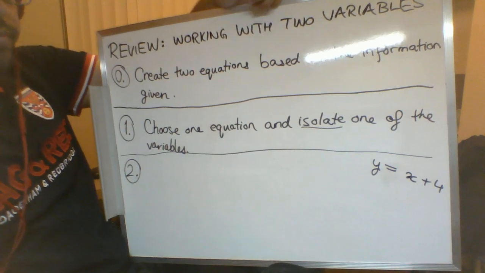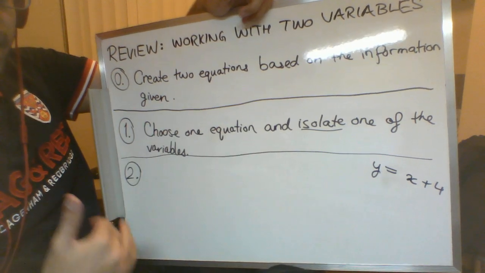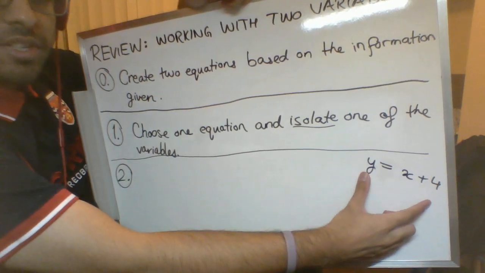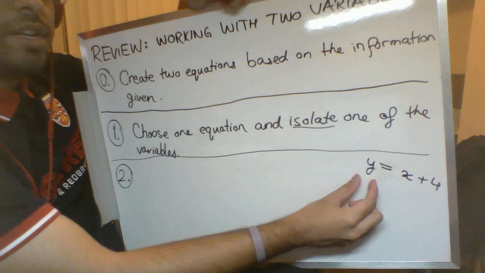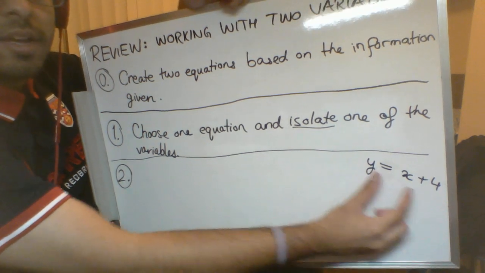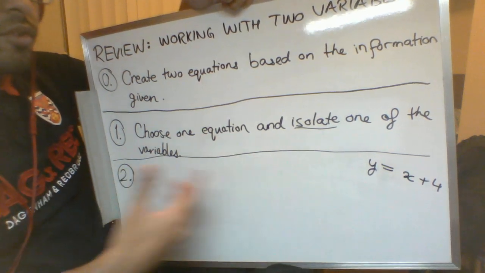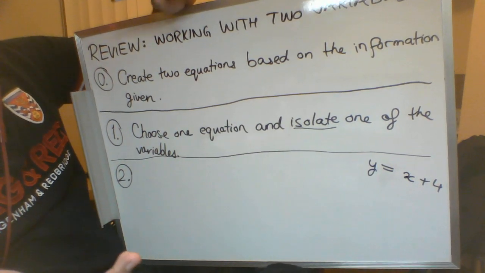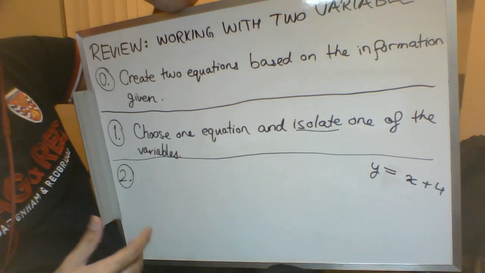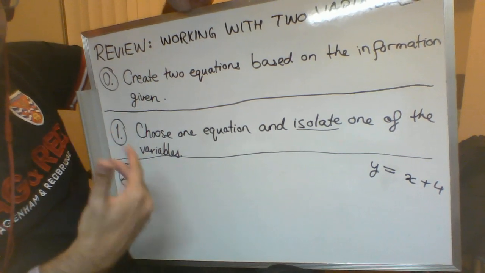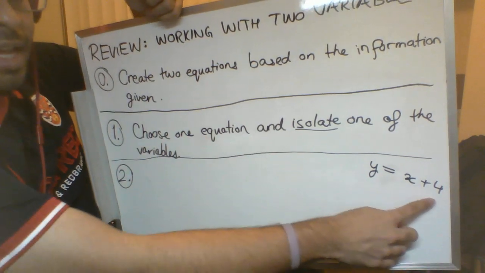All you have to do is anywhere you see a y in the other equation, you sub in this relationship, because we know that if something is equal to y, it's also equal to, in this case, x plus 4. So if you had 21y sitting somewhere in the other equation, you could rewrite that as 21 times, in brackets, x plus 4.